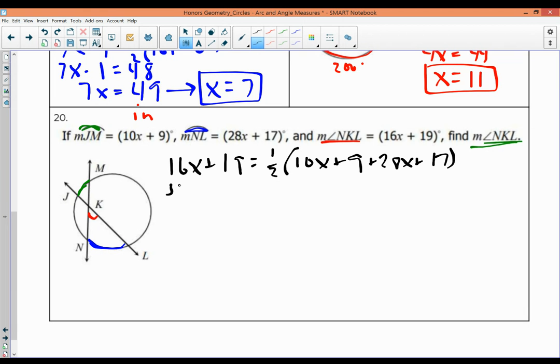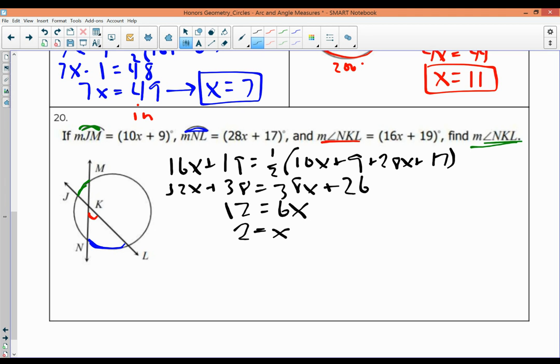So I have 32x plus 38 equals, I'll combine like terms there, 38x plus 26. That leaves me with 12 equals 6x. So 2 equals x, which is not what I got when I did it.